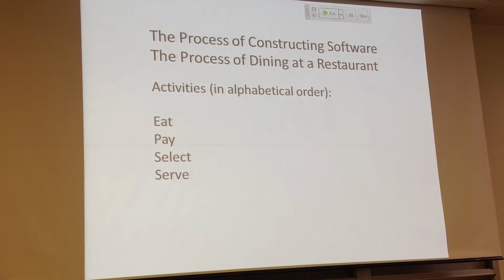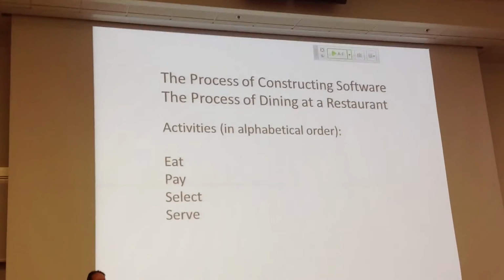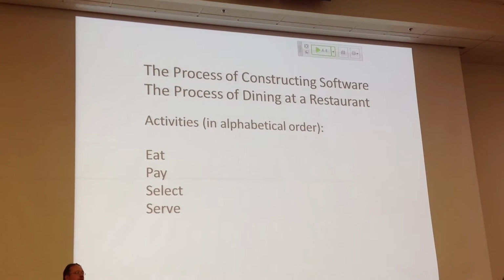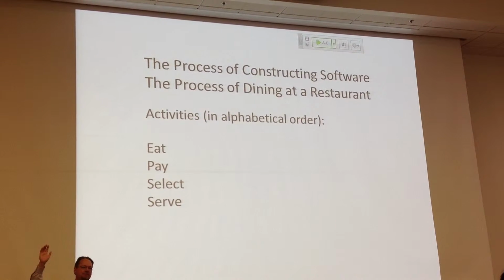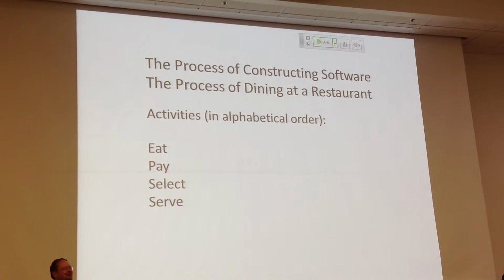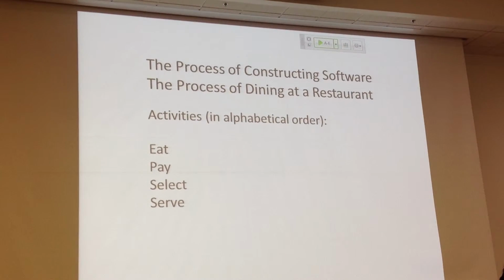But since most of you have not been involved in many software development projects, I just want to reason by analogy for a minute with something that I suspect many of you have done multiple times, which is eat at a restaurant. How many of you have eaten at a restaurant? A few people say no, never have. You've probably seen it on TV. So I'm going to model the process of eating at a restaurant.